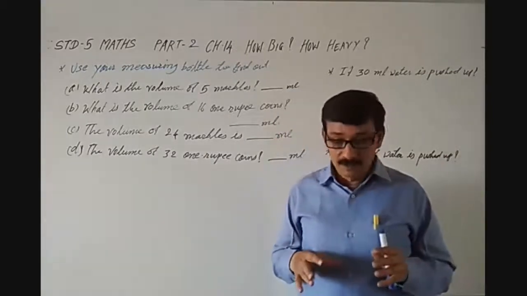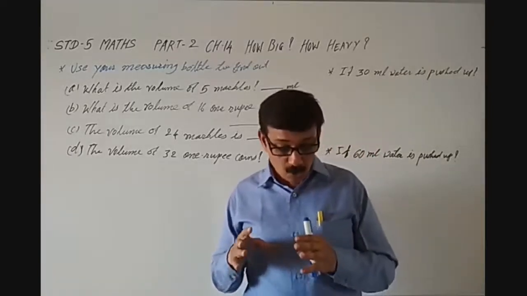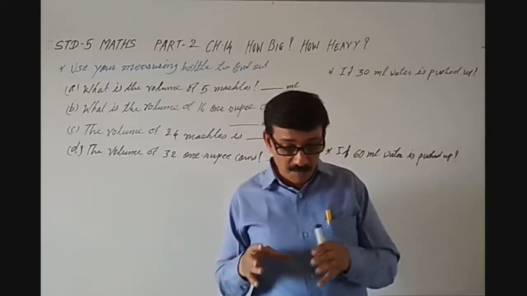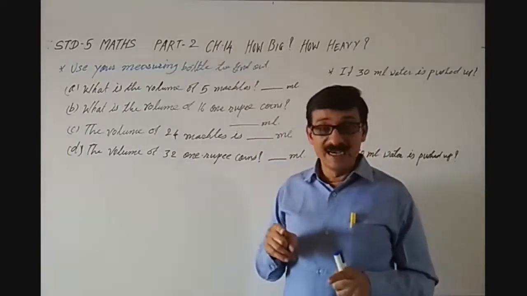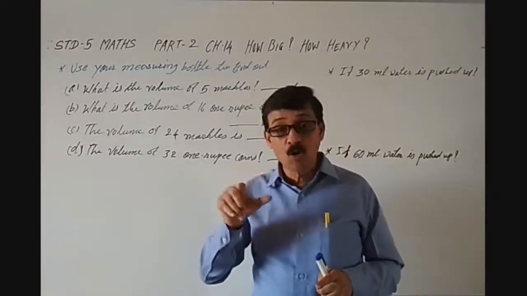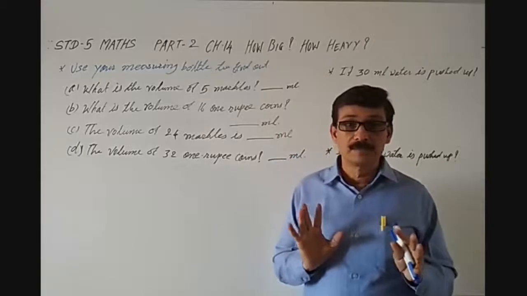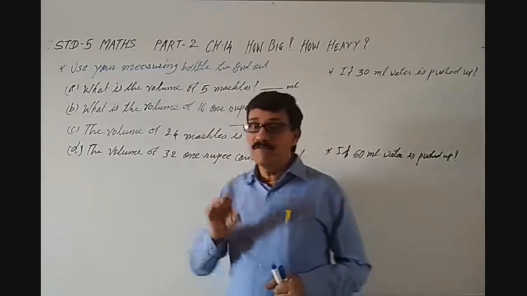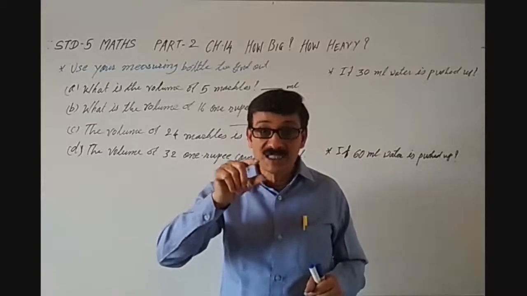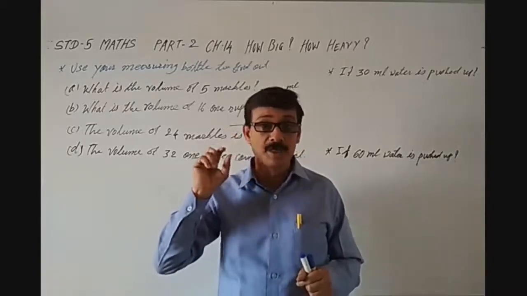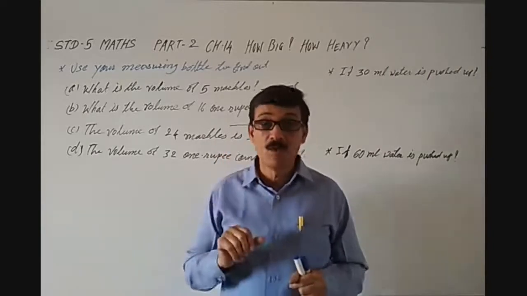So if you put 9 5 rupee coins, it pushes up 10 ml of water.